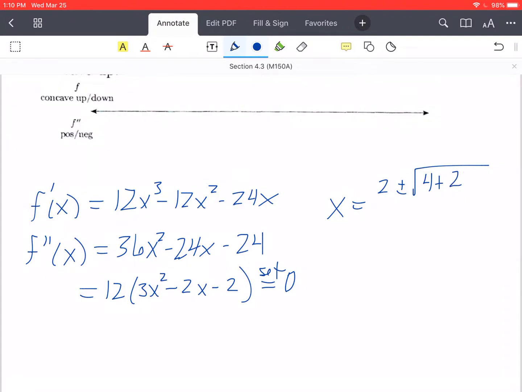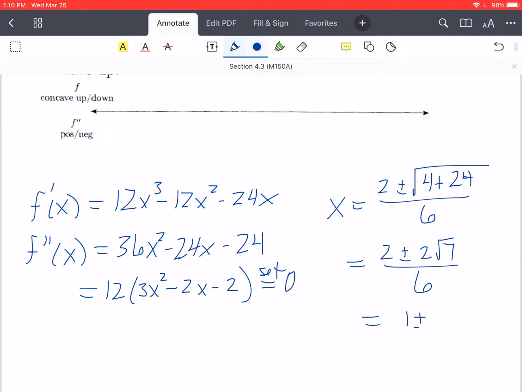That's going to be 24, over 2a, so that's 6. So that's 2 plus or minus root 28. That has a factor of 4 in it, right? So that's 2 root 7 over 6.